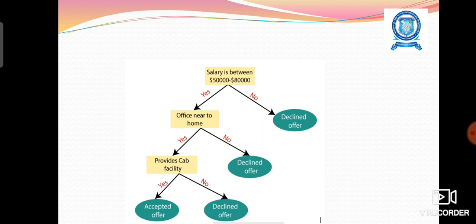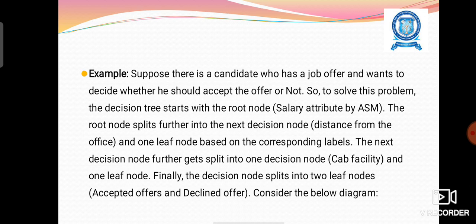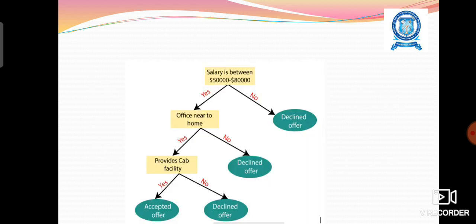From the root node, if the condition is satisfied, he will go for another condition, called the next decision node, that is whether the office is near to home. The outcome will be either yes or no. If it is no, he will decline the offer. If it is yes, he will raise the next decision node, that is whether they provide the cab facility.